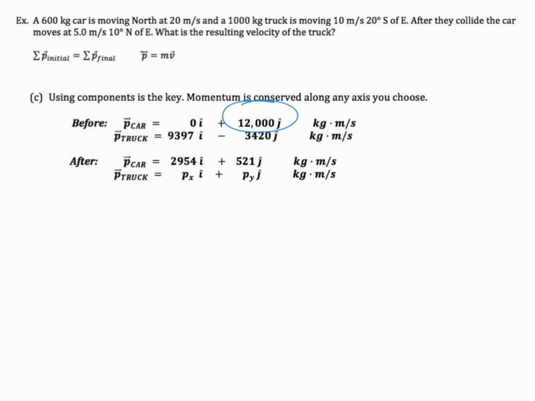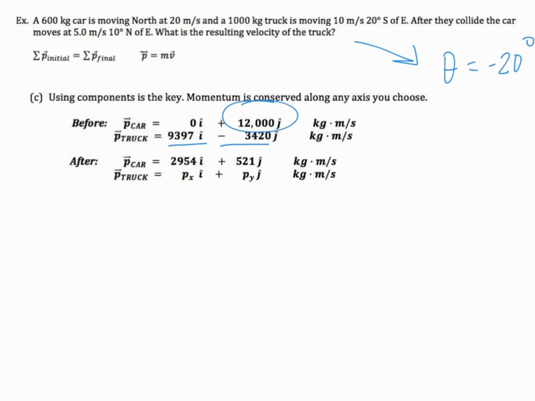And then this 20 degrees south of east that we had for the truck, you could put in negative 20 for your angle as a standard angle, or you can just be thinking that it's going to have a positive x component and a negative y component. So either way, but you have to take into account that direction, just like you would if the truck was moving to the left, how you would put in a negative value of v for our earlier problems with momentum.